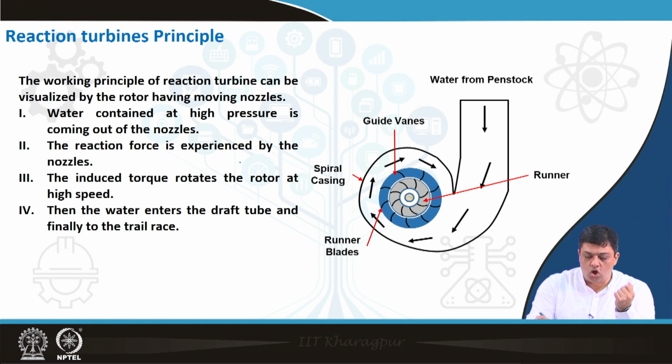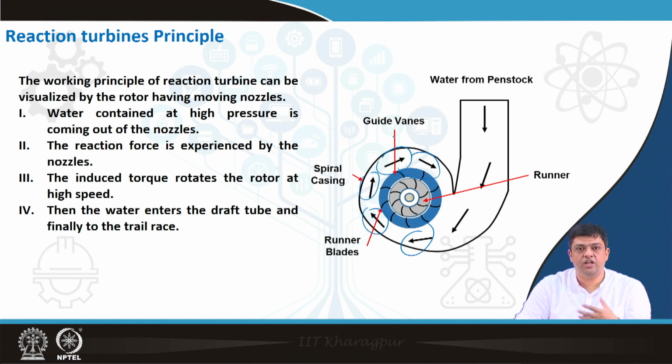The induced torques: when this water is interacts with the turbine blades or the rotor, the torque is induced, and then finally the water enters the draft tube and then goes through the tail race. That is the typical operation of these reaction turbines.